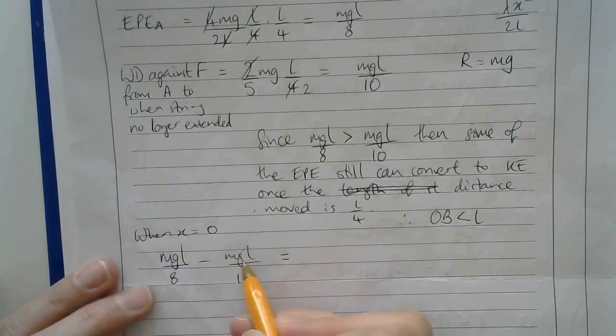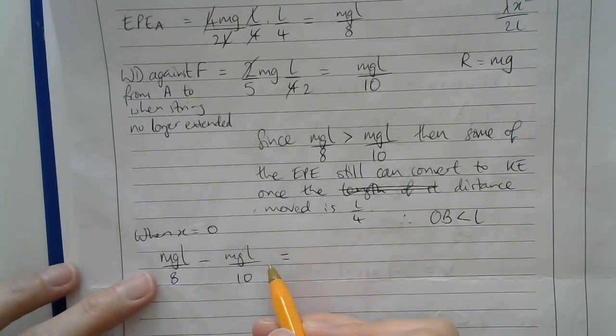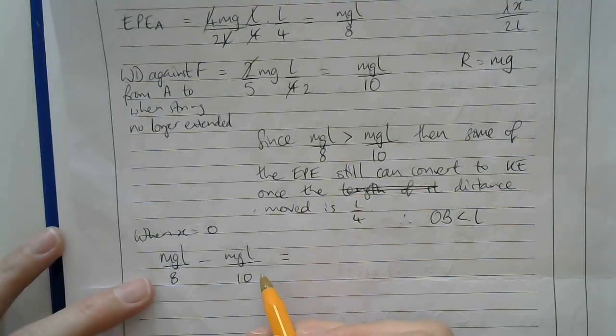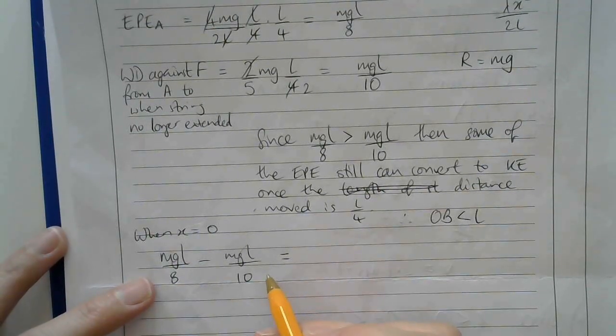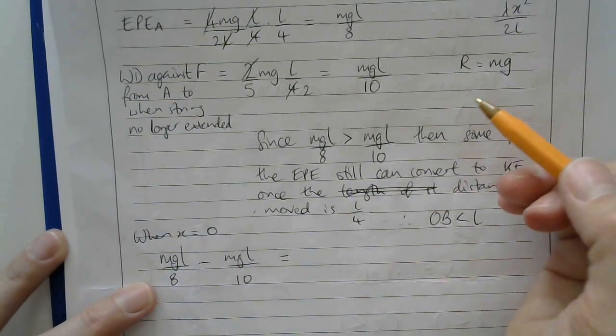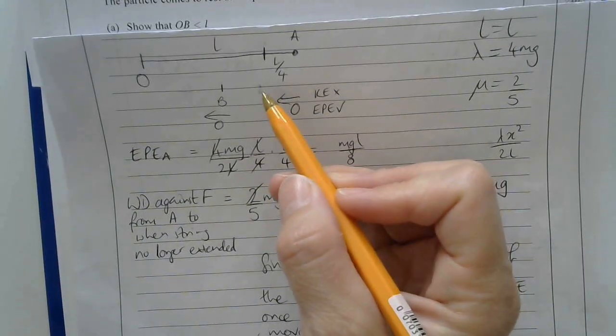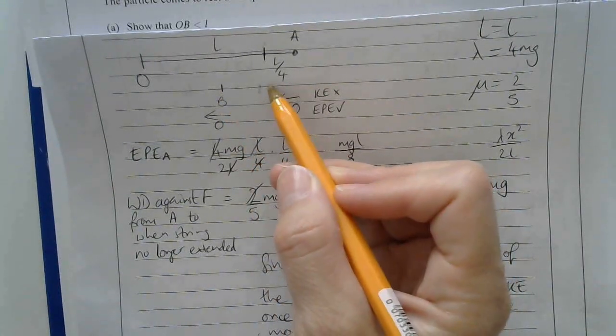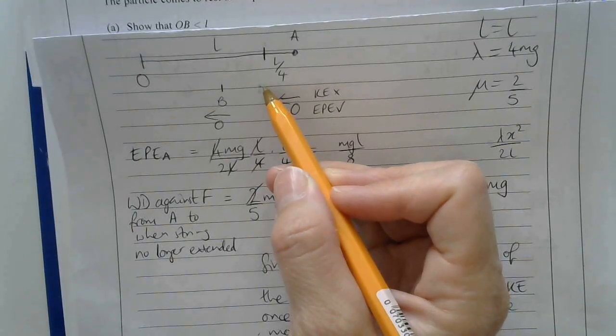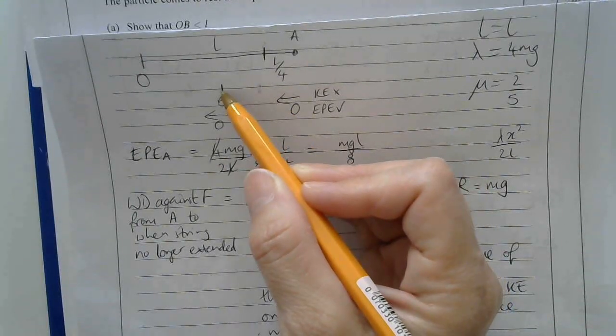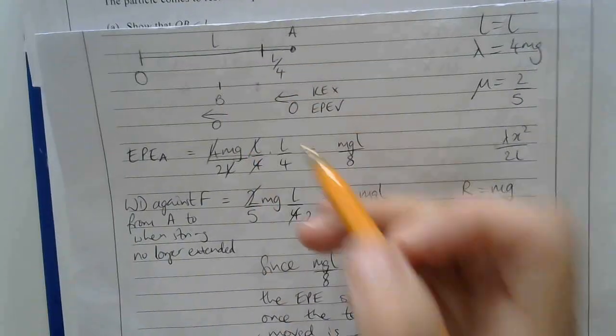In that moment, it is kinetic energy because it's moving, but what we want to see is how far it moves beyond that point to here. That kinetic energy is going to turn into work done against friction.